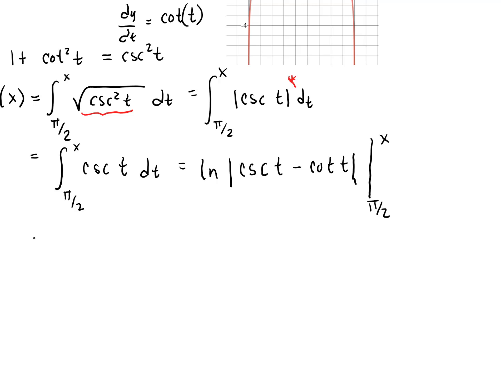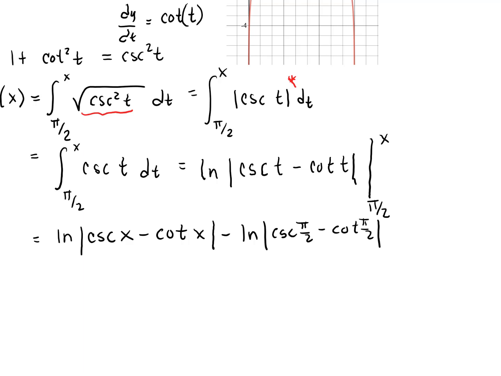And so when we plug those in, we get the natural log of the absolute value of the cosecant of x minus the cotangent of x, minus the natural log of the absolute value of the cosecant of pi over 2 minus the cotangent of pi over 2.